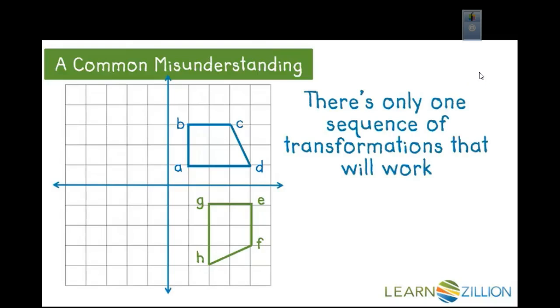A common misunderstanding is thinking that there's only one sequence of transformations that will demonstrate congruence. This sequence uses a 90-degree clockwise rotation and a 1-unit translation to the right to show congruence for the same problem that we solved using 2 reflections, a rotation, and a translation. In fact, there are multiple ways to get to the same result using different sequences of transformations.